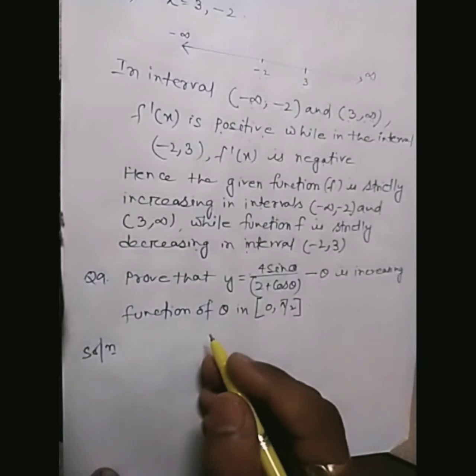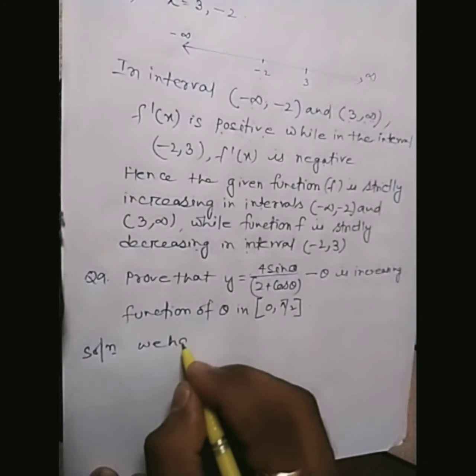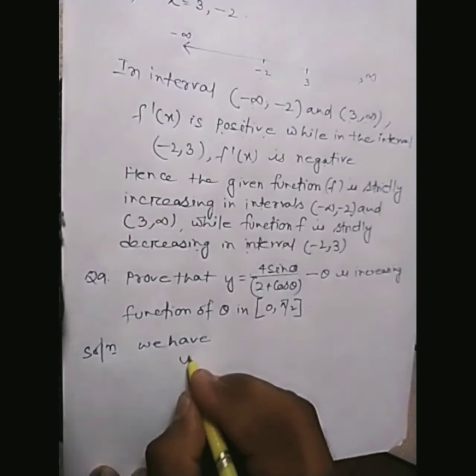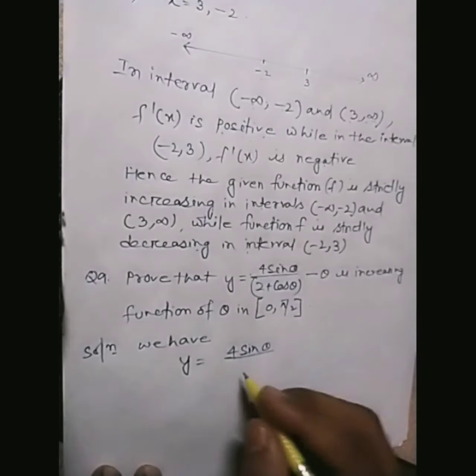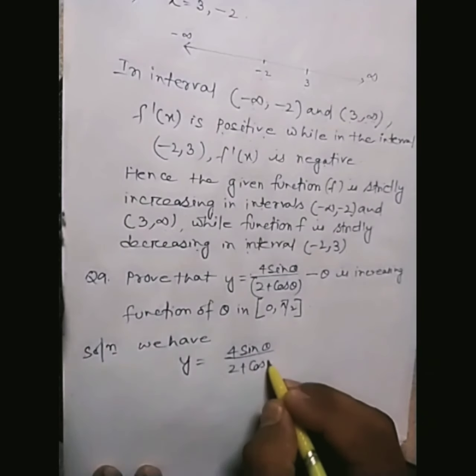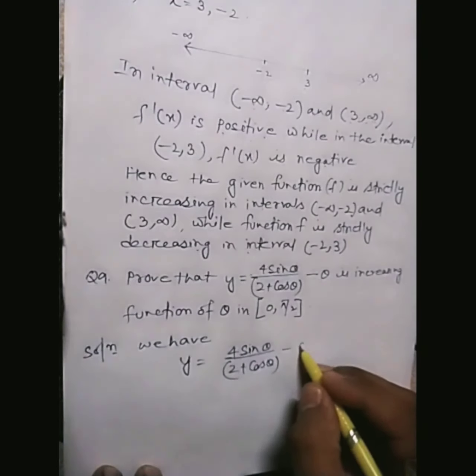We are given y equals 4 sin theta divided by 2 plus cos theta, minus theta.